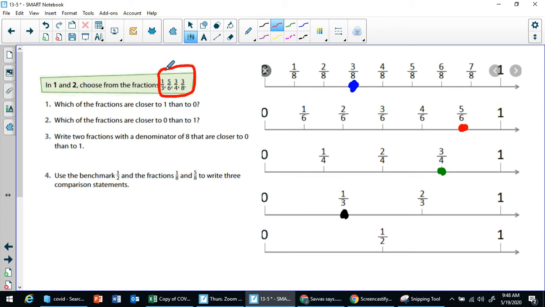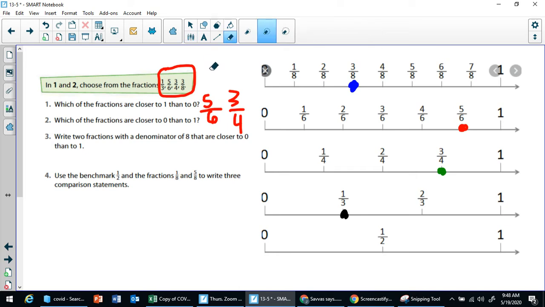So without even looking at my model to the right, you should easily be able to see that 5/6 is closer to 1 and 3/4. Because 5/6 is 1 away from a whole, 3/4 is 1 away from a whole, and you can even see that over here. Here's 5/6, here is 3/4.